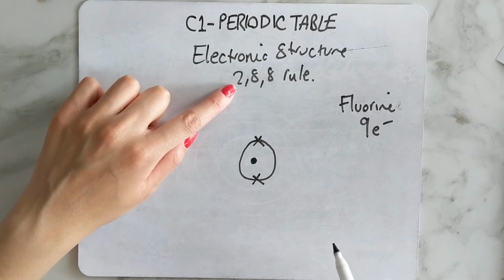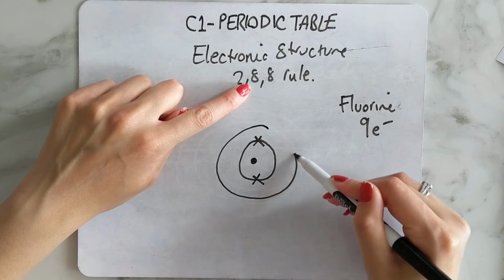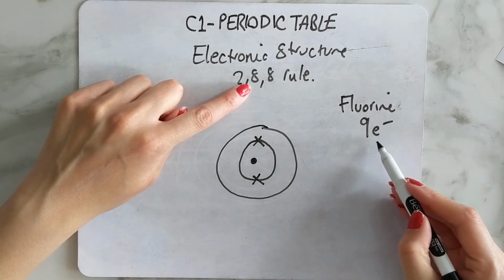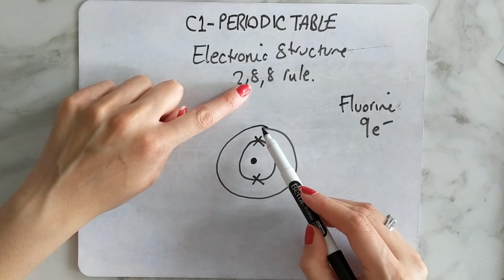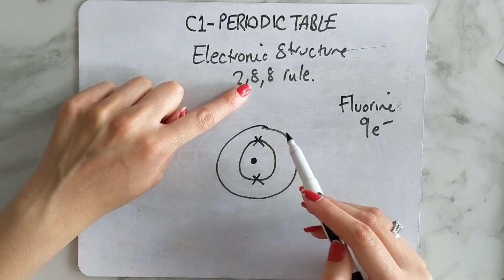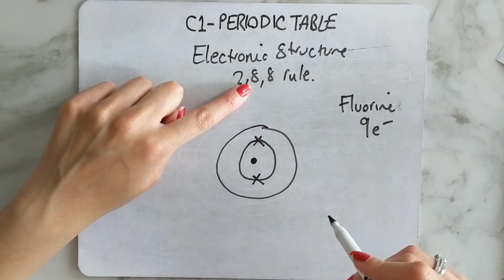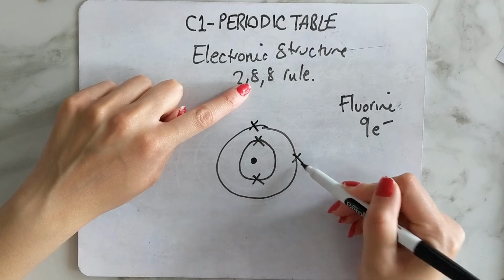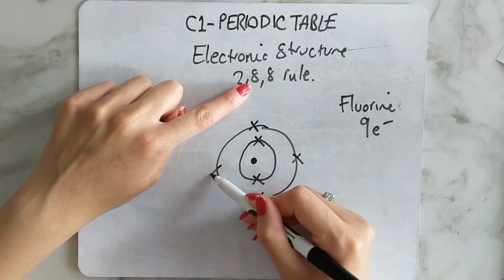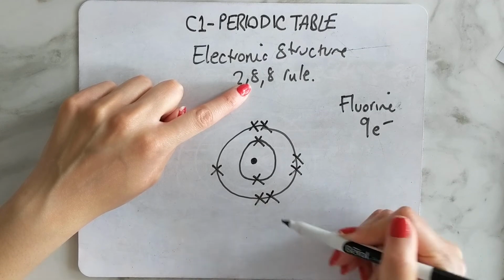Once it's hit that 2, we then go into the second shell, so you've got to draw a second one. Remember, we're trying to get to 9 in total, so we've already got 2. The second shell can only hold a maximum of 8. It can't have any more. It can have less, but it can't have any more. So 2, 3, 4, 5, 6, 7, 8, 9.